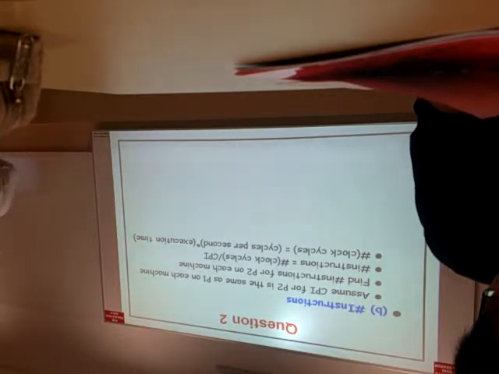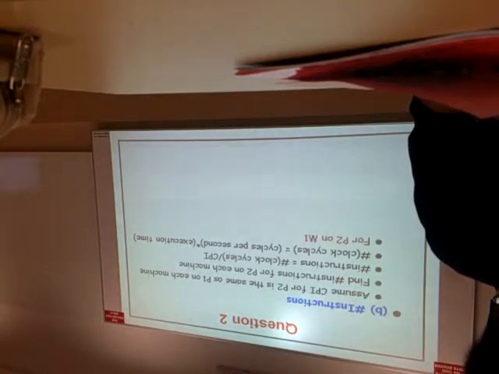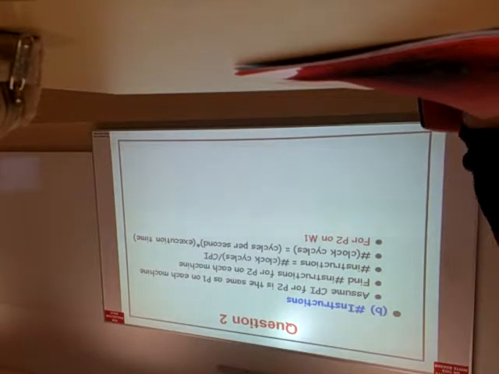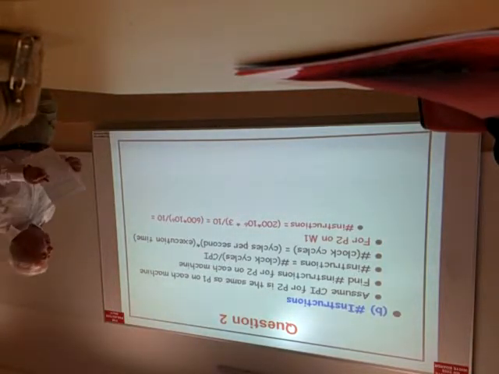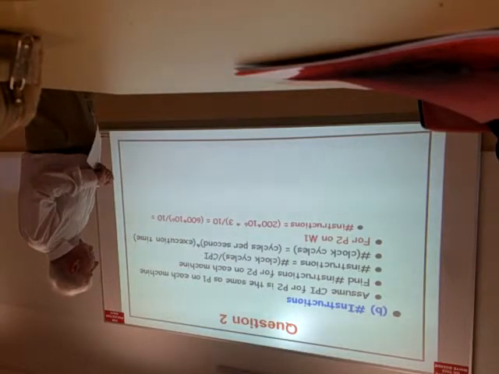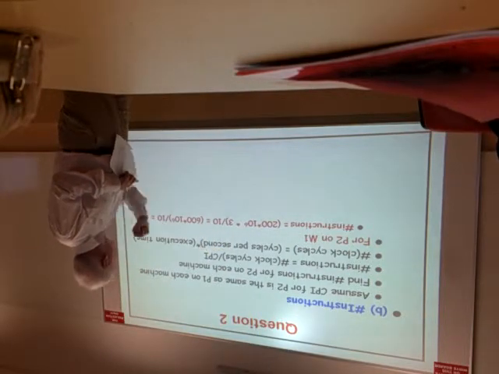Okay, so let's see how we can do this. So we have program P2 on M1. We can simply plug into this equation. The number of instructions is the number of clock cycles divided by the CPI.